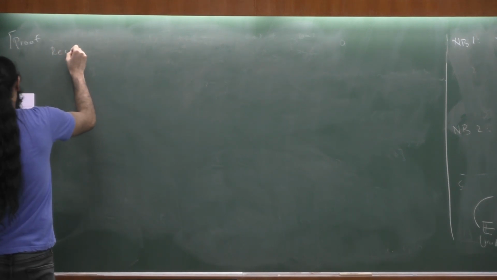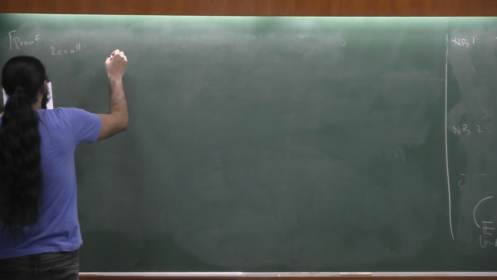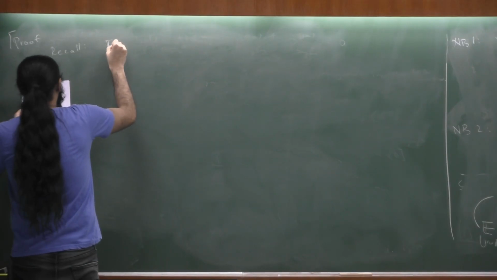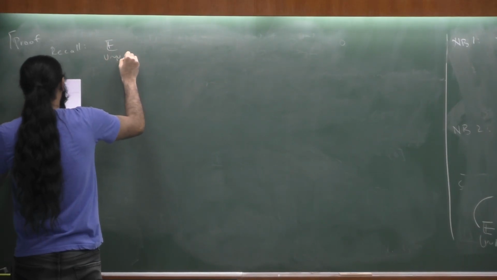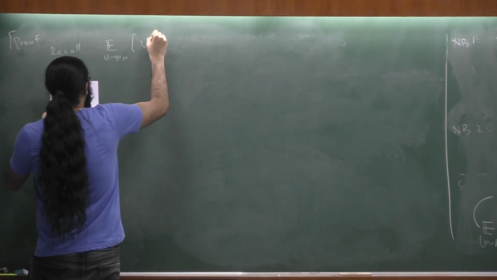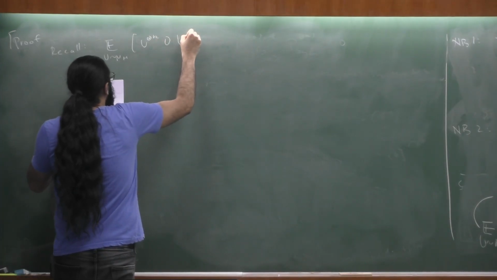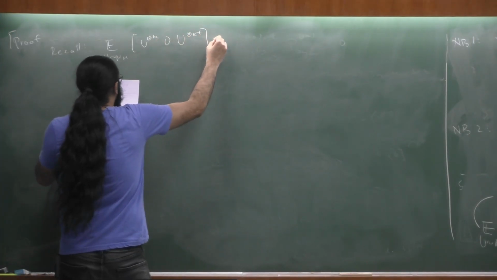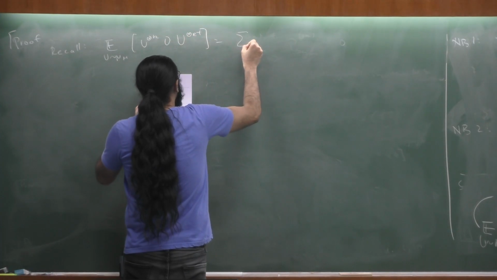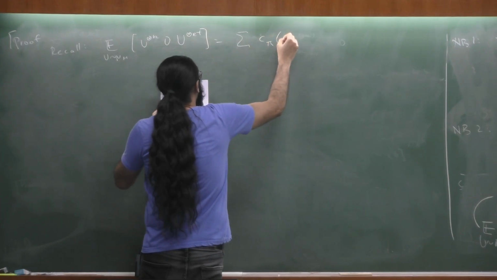Okay, so first we recall that this is Schur-Weyl duality, right, which says that this can always be expressed as a linear combination of permutations.